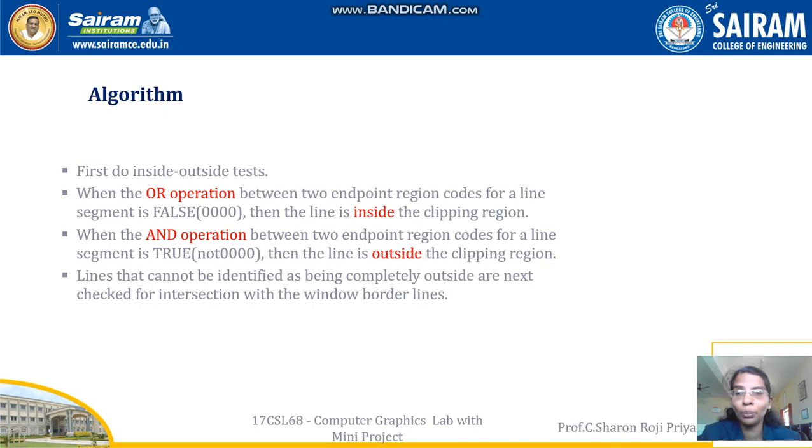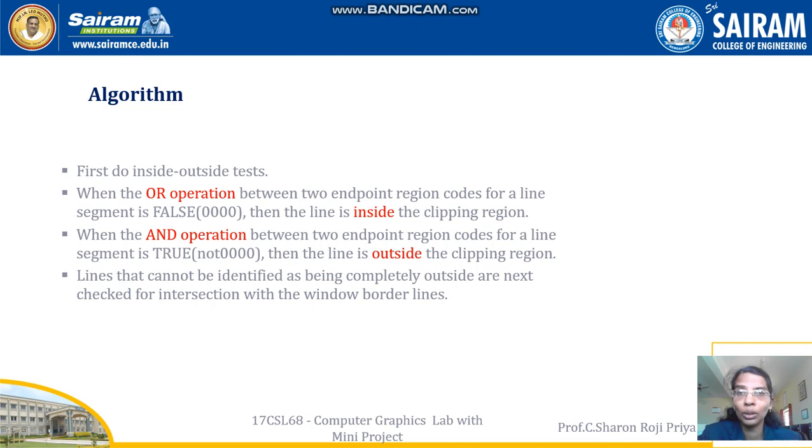When the OR operation between the two endpoint region codes for a line segment is false, then the line is inside the clipping region. We know in the Cohen-Sutherland line clipping algorithm, I'll be using these region codes to clip the line.